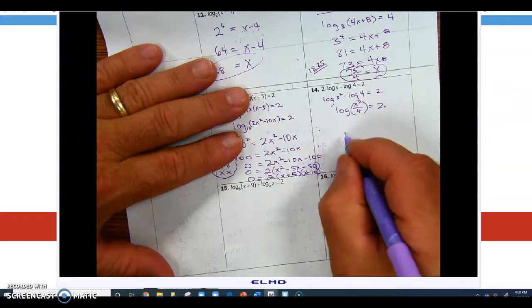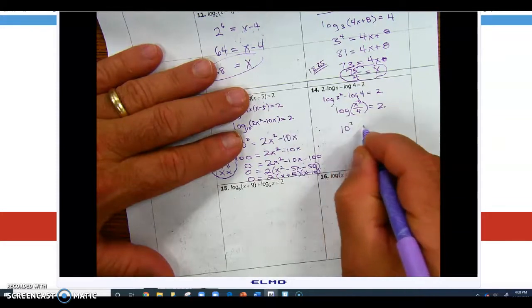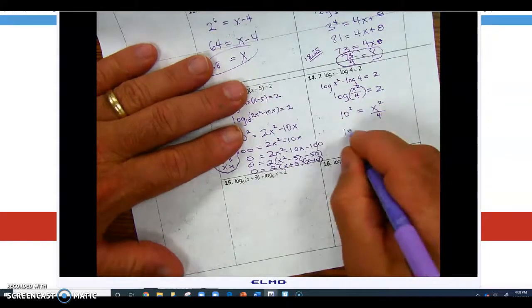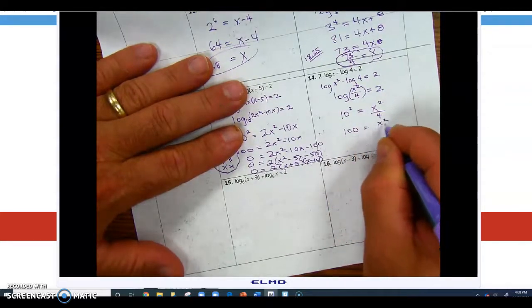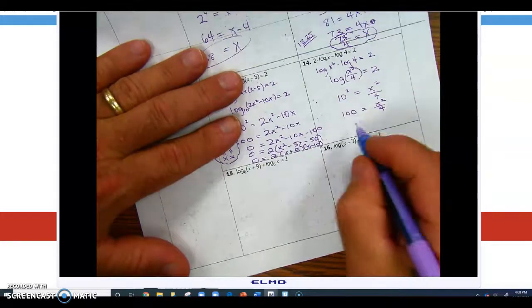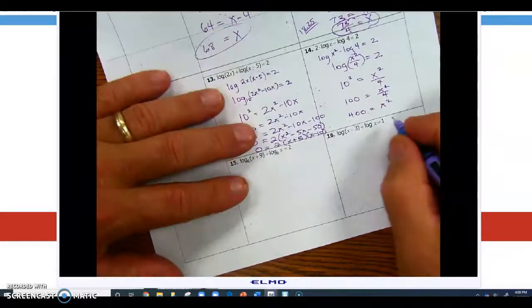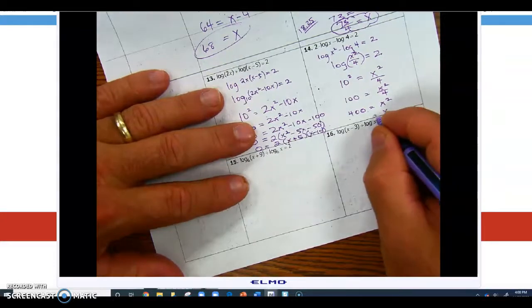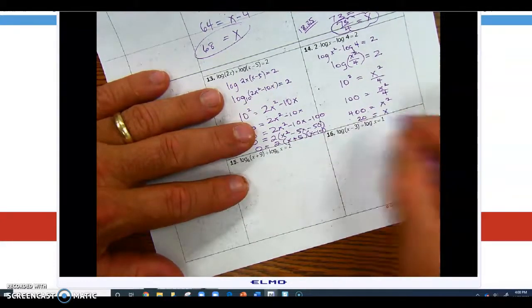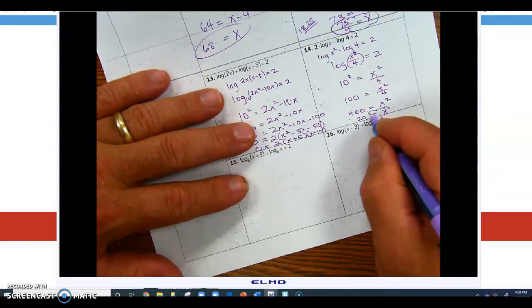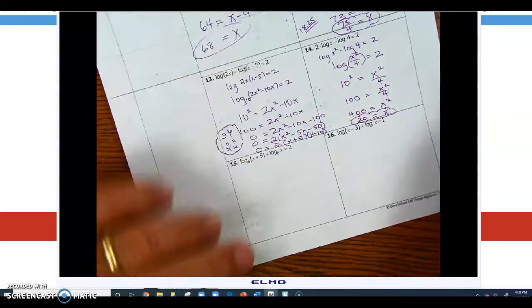Remember, that's a base 10 right there. 10 to the second power equals x squared divided by 4. 100 equals x squared divided by 4. Multiply both sides by 4. 400 equals x squared. Take the square root of both sides. X equals 20 or negative 20. But negative 20 is not going to work. It's extraneous, so x equals 20.